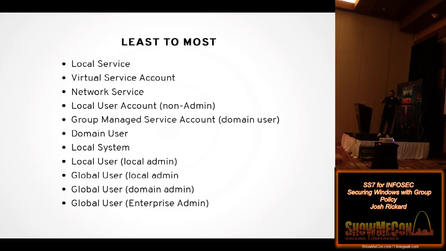You can run scheduled tasks without a password, without remembering any credentials, without storing anything, all by using these already built-in service accounts that are on that workstation. So when you use local service, you still have administrative rights, but a lot less administrative rights. If you need to pull down a script or do something with the network, use network service.